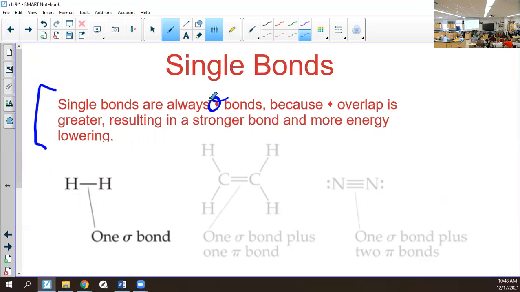Sigma bonds, because sigma overlap is greater, result in a stronger bond and more energy lowering. So you need to know sigma's head to head, pi is side to side, and single bonds are always sigma bonds.